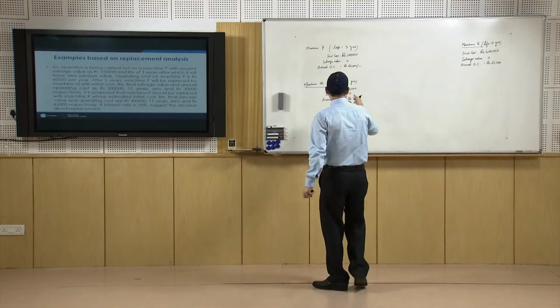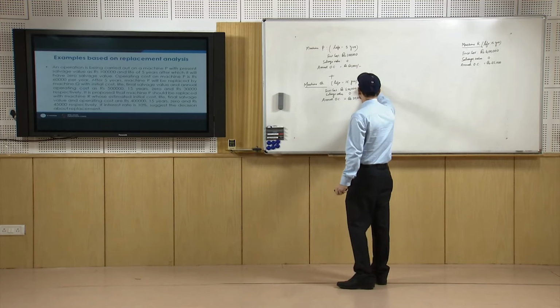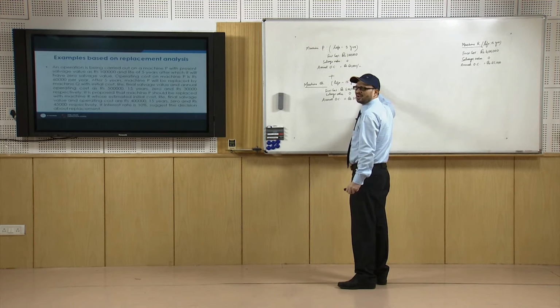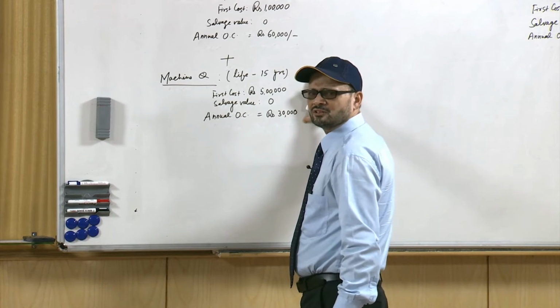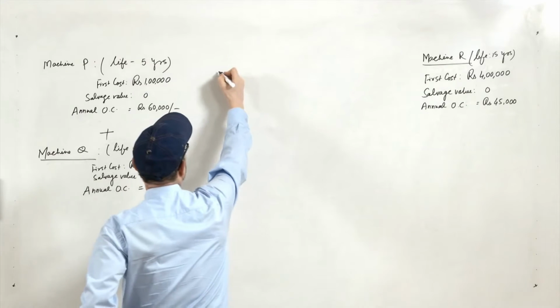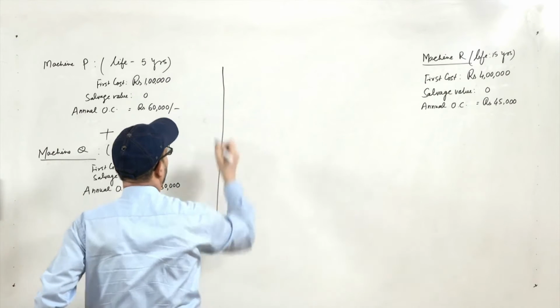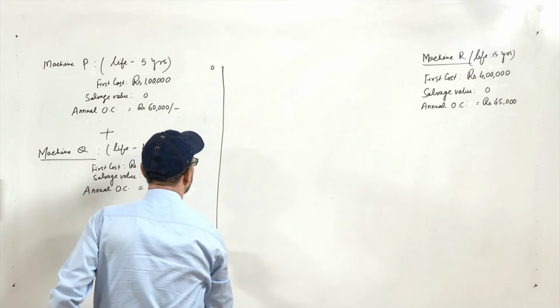So, for finding the present worth, we find the annual equivalent value for this machine. Now, we have 0 to 20.